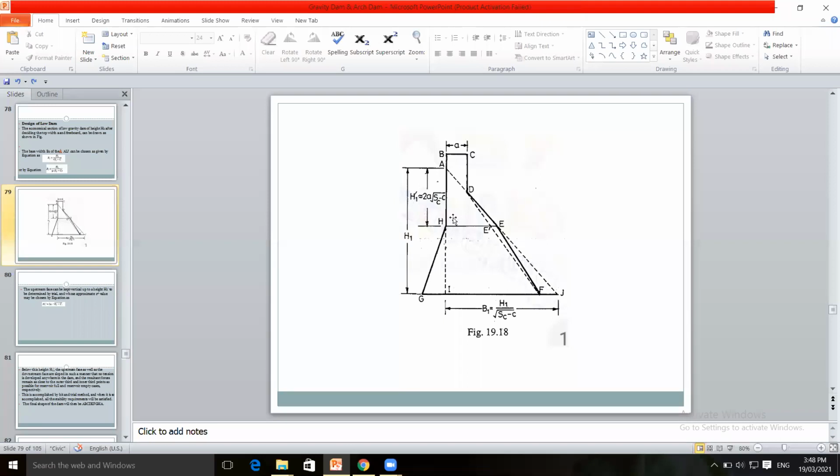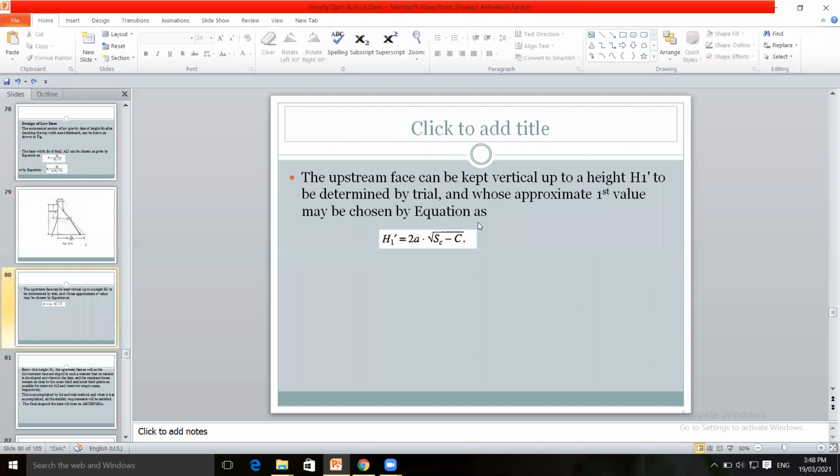This vertical height is shifted to I to G. So H1 hash is 2A into root of SC minus C, which is the approximate first value determined by this equation.